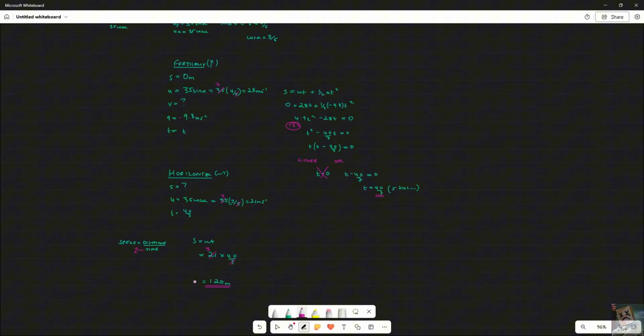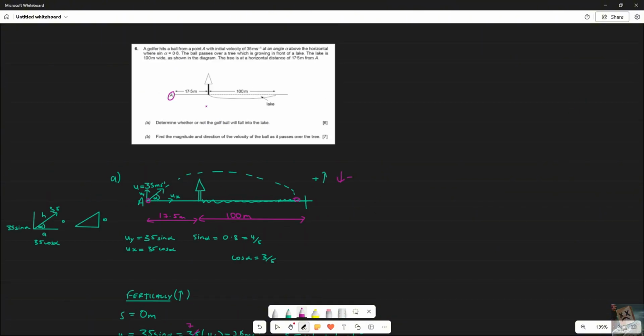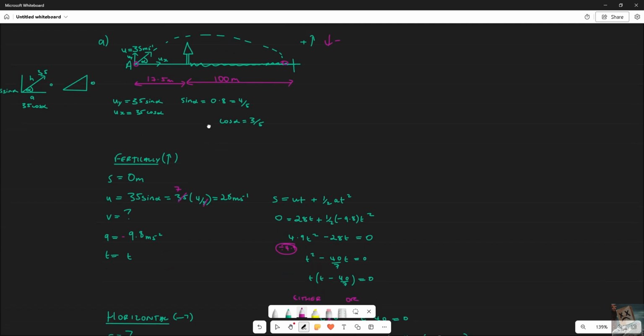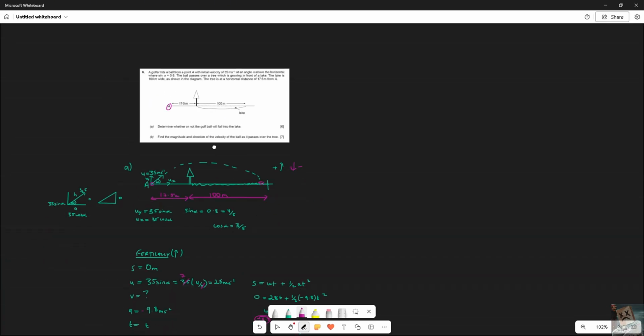And then to finish off, you would just need a little sentence to say it will not fall in the lake because the distance is more than 117.5 meters, which is where the lake ends. Or maybe if it was less than 17.5 meters, you would say it's not because it's less than that.